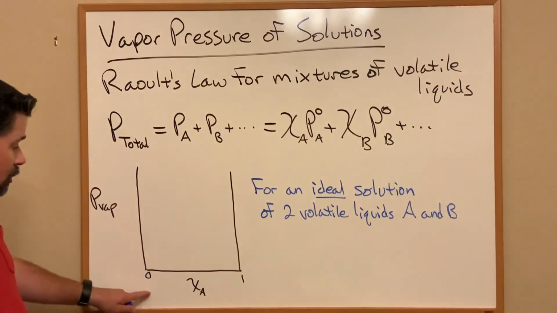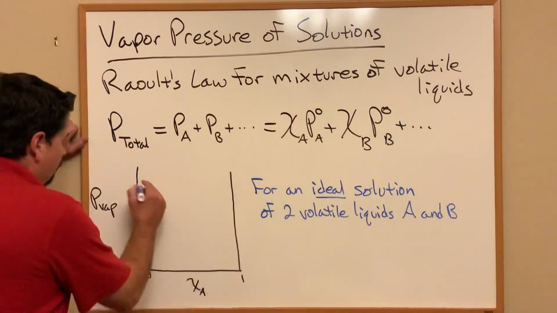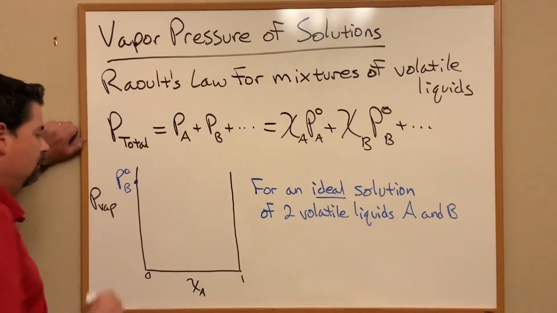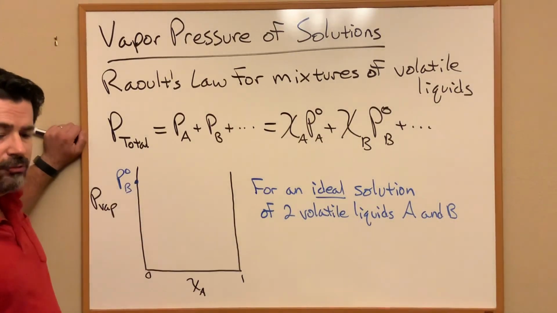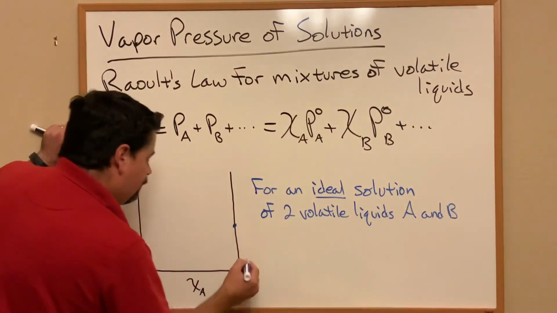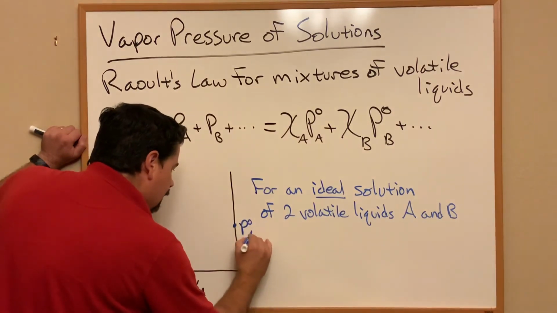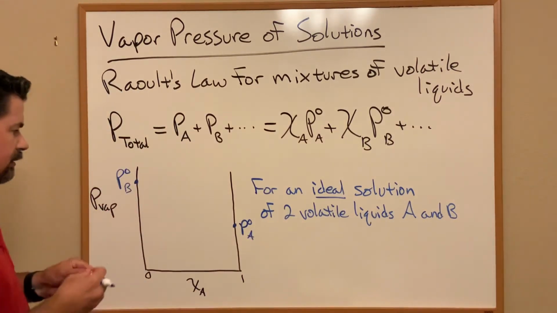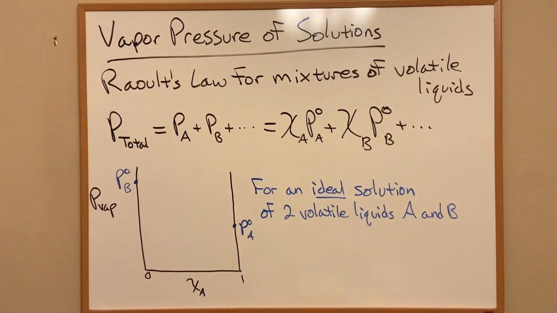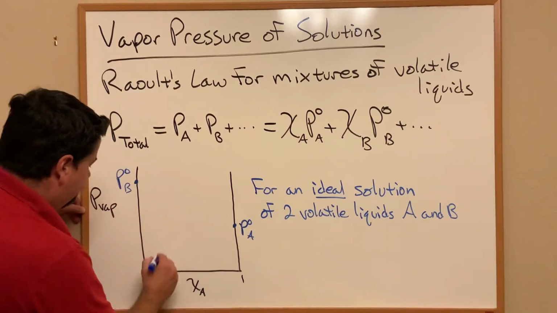So when we have no mole fraction of A, that means we have all B. And so that would be equal to P naught B. Now, if we had only A, our mole fraction of A was 1, then we'd have P naught A. And it's not necessarily that the vapor pressure of A is lower than B, just that's the way I drew it. And so you could look at these independently.